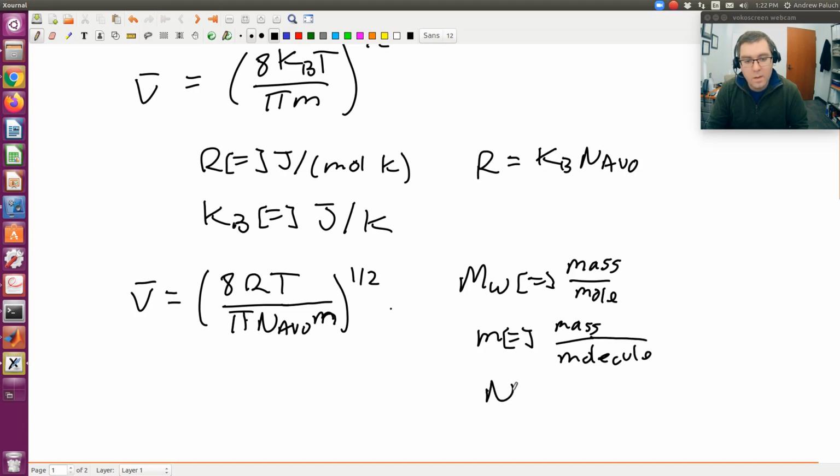Okay. And then N_AVO, right? Usually we just give it the units as inverse mole, but essentially it's molecules per mole.